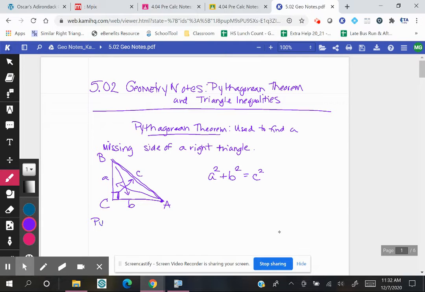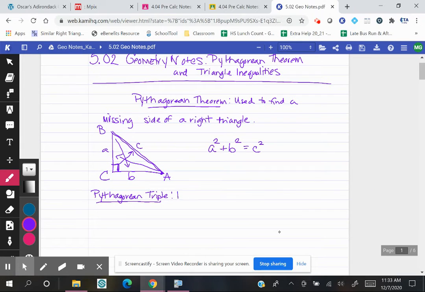And something else that's important to remember is something called a Pythagorean triple. And what a Pythagorean triple is, it's any whole numbers that satisfy the Pythagorean theorem.